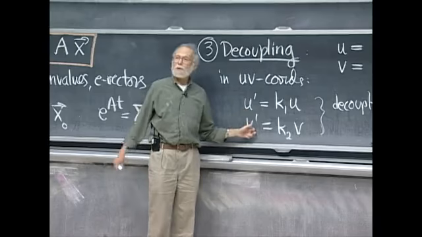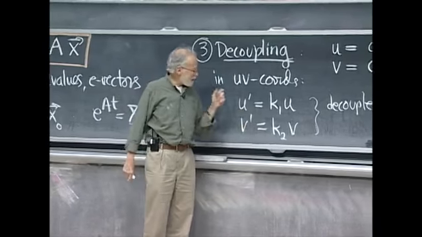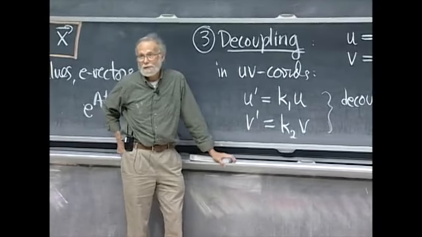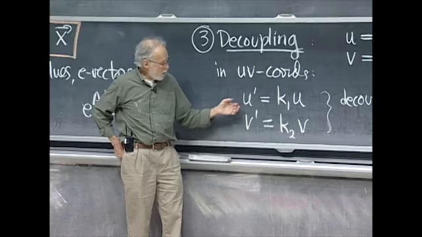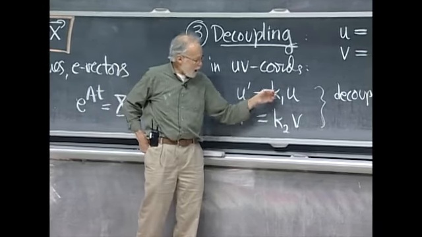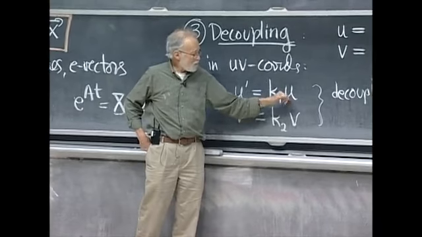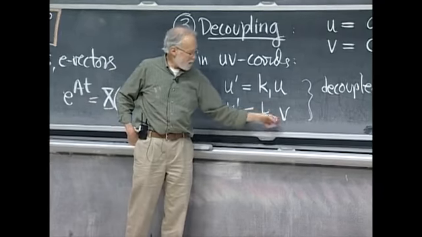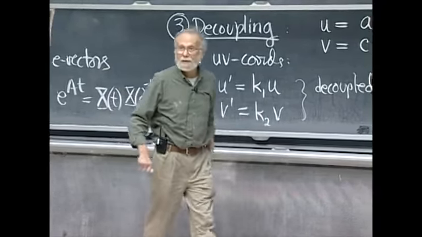This is 2 problems from the first day of the term. It is not 1 problem from the next to last day of the term, in other words. To solve this, all you say is u is equal to some constant times e to the k1t, and v equals another constant times e to the k2t.